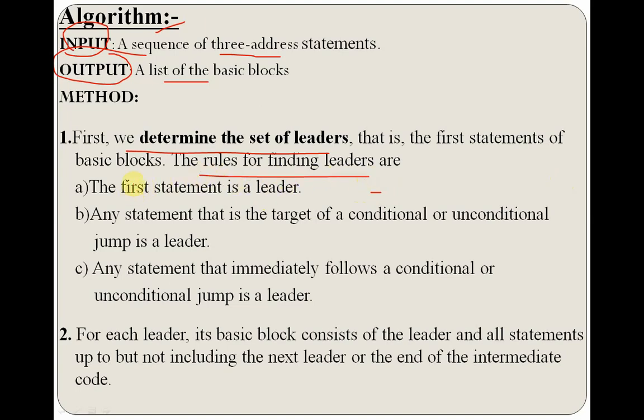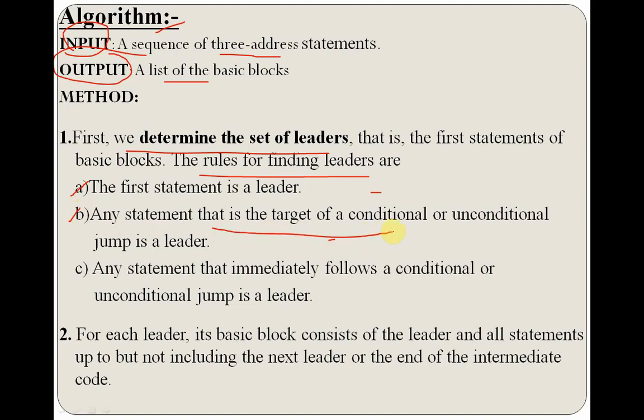First one, A: the first statement is a leader. So from the 3 address code, while converting into basic blocks, take the first statement as a leader statement. Second point, any statement that is the target of a conditional or unconditional jump is a leader statement.